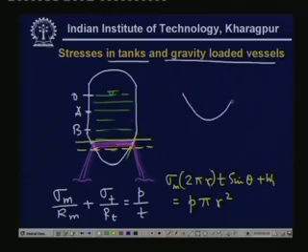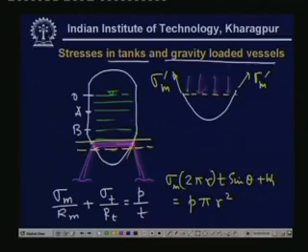So, we consider the lower part, and the stresses developed are again sigma m prime, here sigma m prime, and the pressure over here is the same P, and the weight is W2.